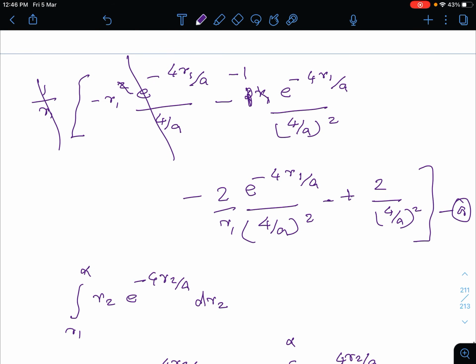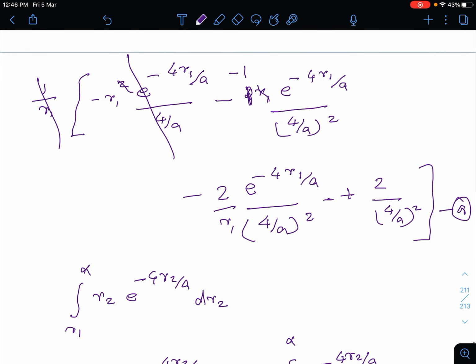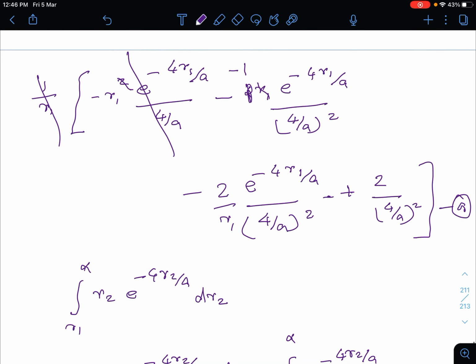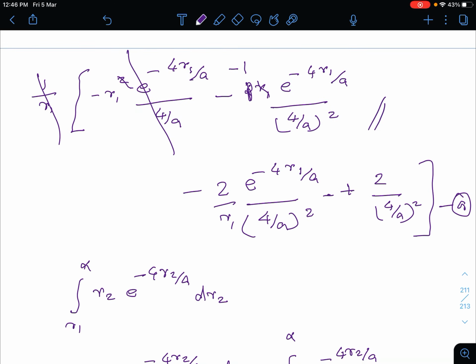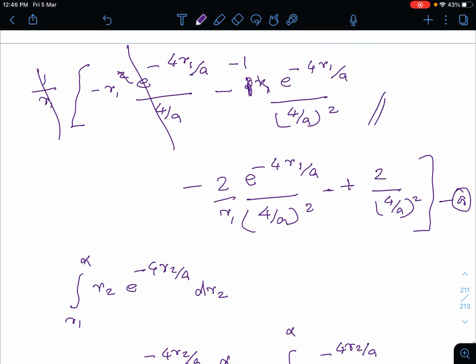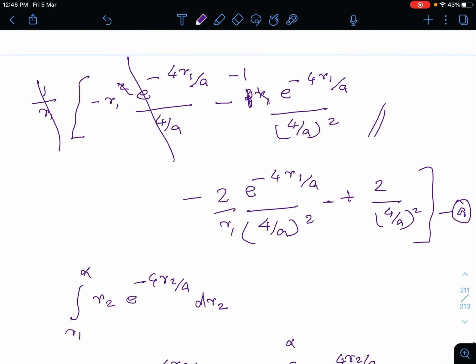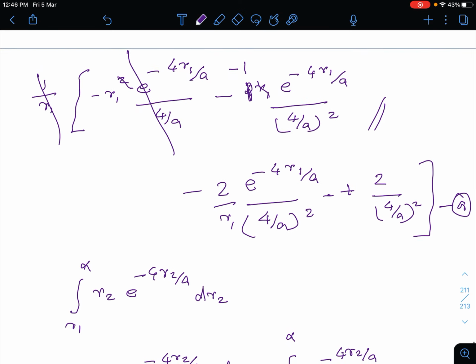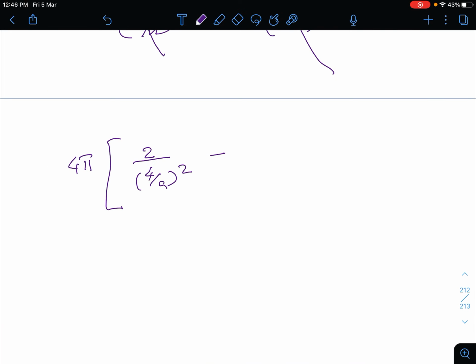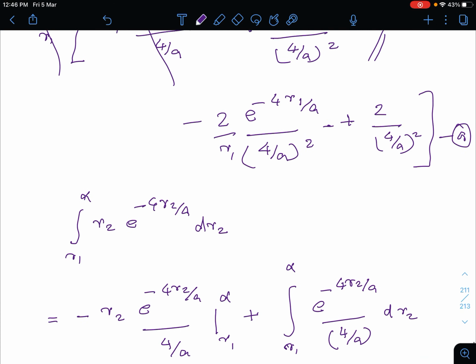Then the next term is this. So that is minus, what is that? Minus e raised to minus 4 R1 by A divided by (4 by A) whole square. Am I right?